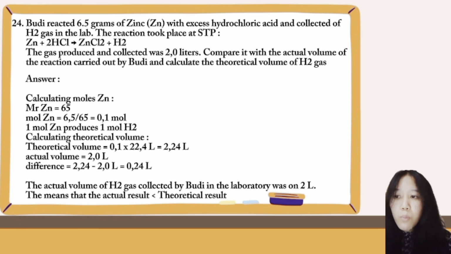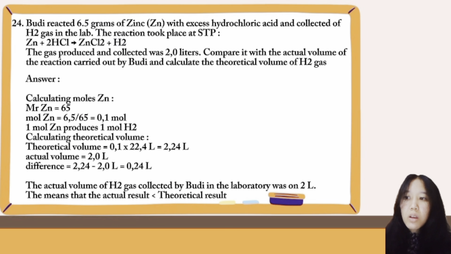The first, calculating moles of Zn. When the relative mass of Zn equals 65, moles of Zn is equal to 6.5 divided by 65, which is equal to 0.1 mole.